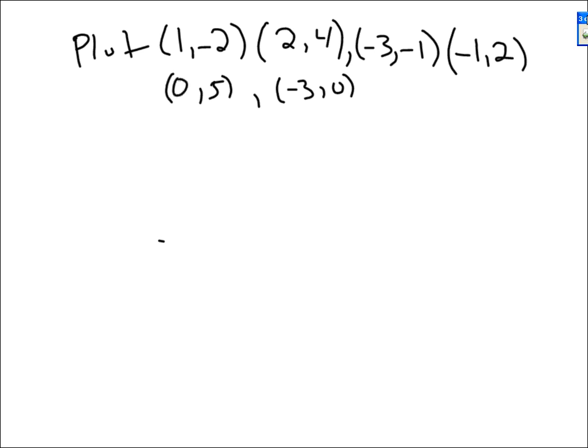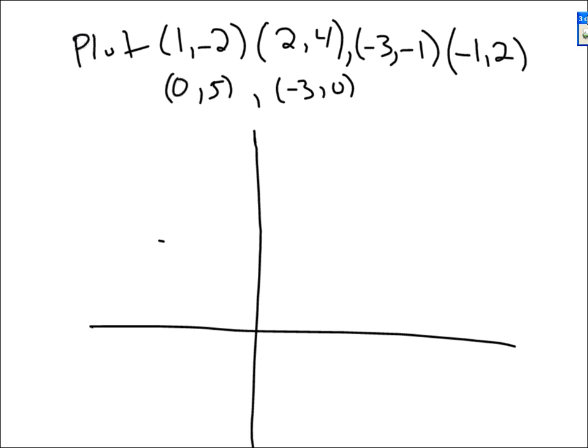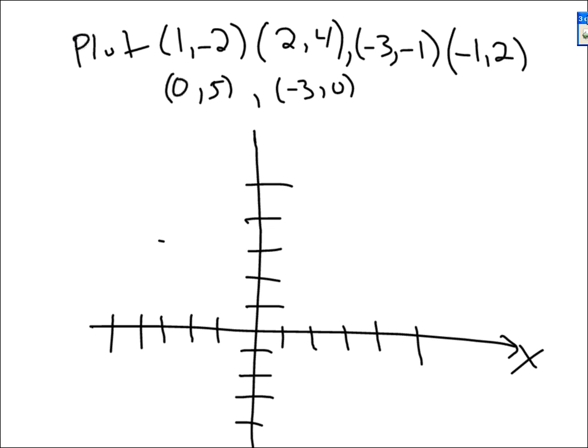Plot with the P. And here is our good old coordinate system. 1, 2, 3, 4, 5. 1, 2, 3, 4, 5. -1, -2, -3, etc. Remember, first x and then y.